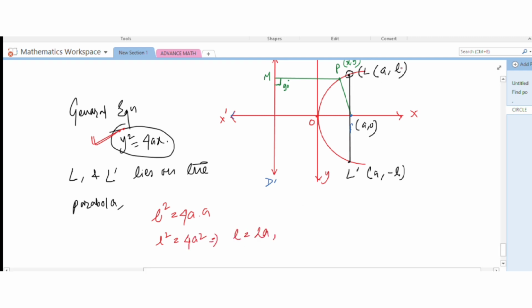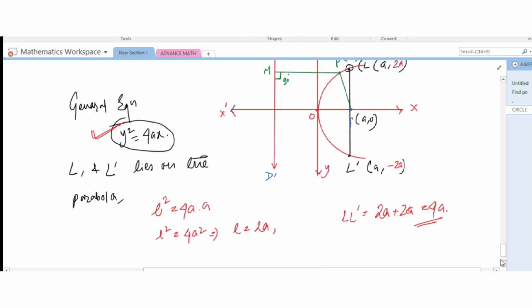So these two points have the coordinates (a, 2a) and (a, minus 2a). So what will be the length of LL dash? It will be 2a plus 2a, that is 4a. So the length of the latus rectum in the parabola y square equals 4ax is 4a, where (a, 0) is the coordinate of the focus.